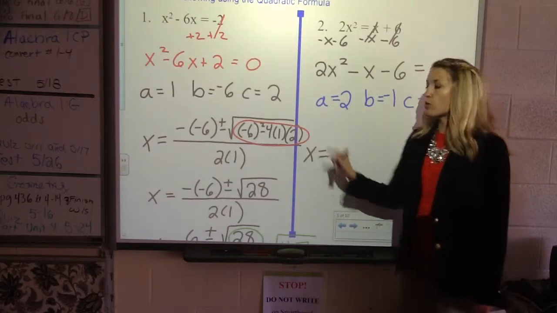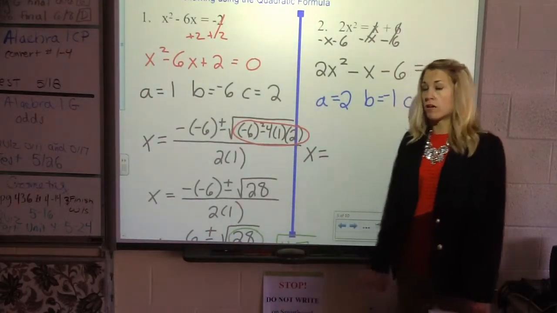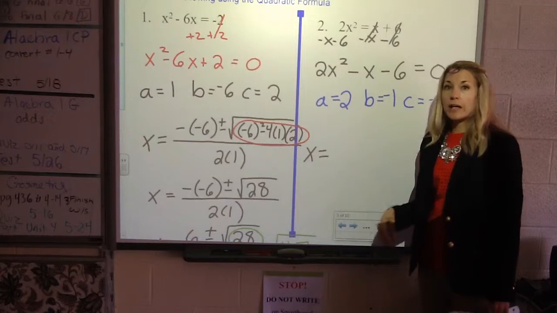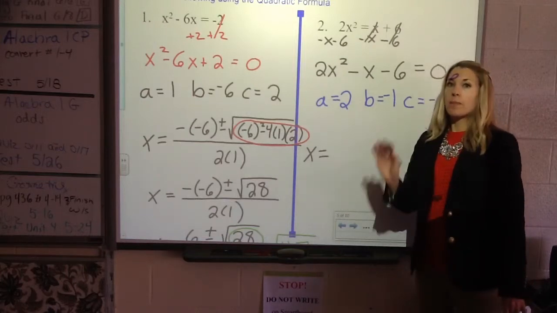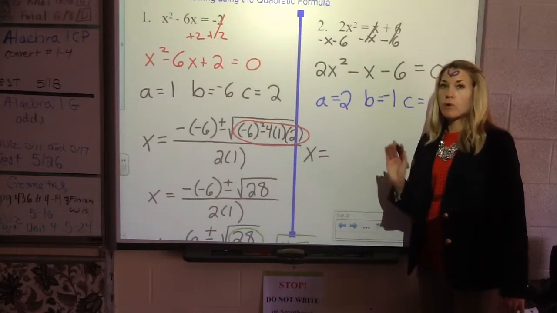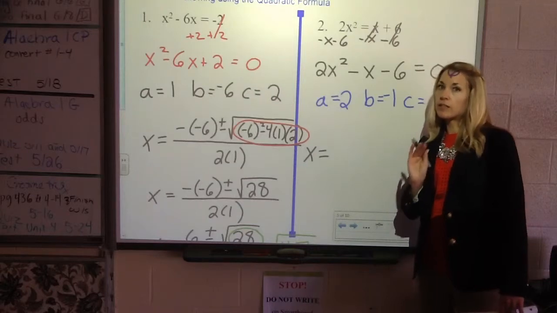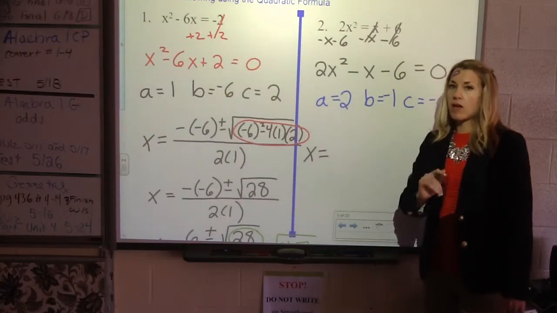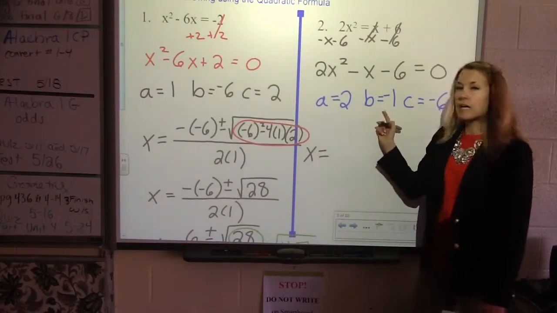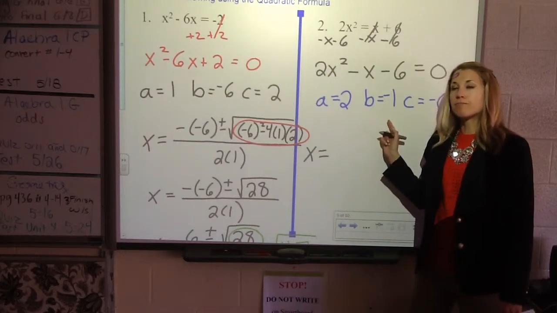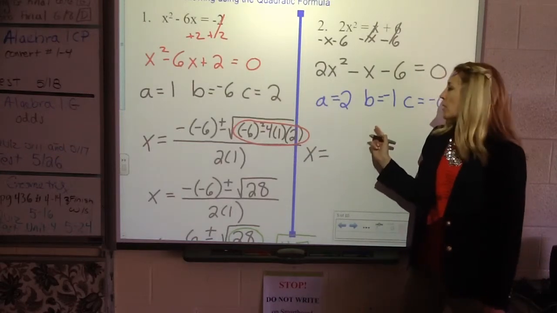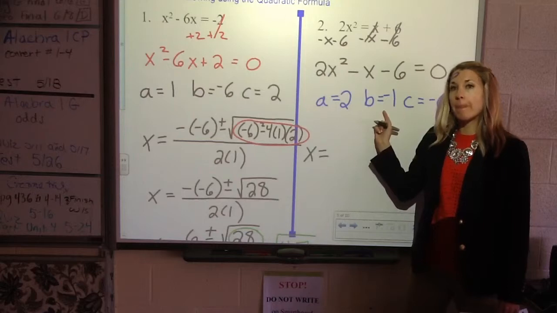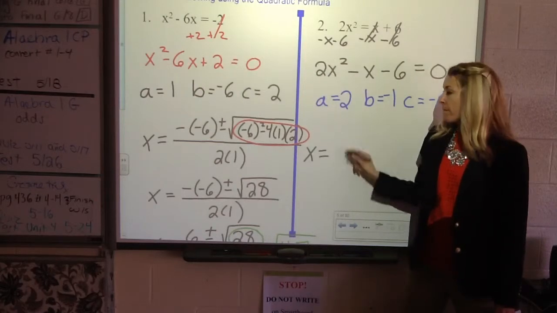I'm going to show you some shortcuts that I didn't show you over there. When I do x equals -b plus or minus the square root of b squared minus 4ac all over 2a, one thing I do is I do the -b in my head. -b means opposite of b. So b is -1. What's the opposite of -1? +1.